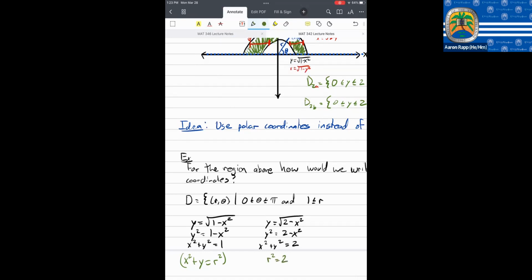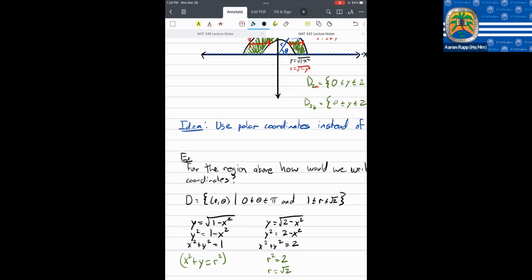So r squared is equal to 2. So if I want to figure out what r is, what do I do to both sides? Square root. I need to figure out what value I need to square to get to 2, and that is the square root of 2. So then my radius is anywhere between 1 and square root of 2.